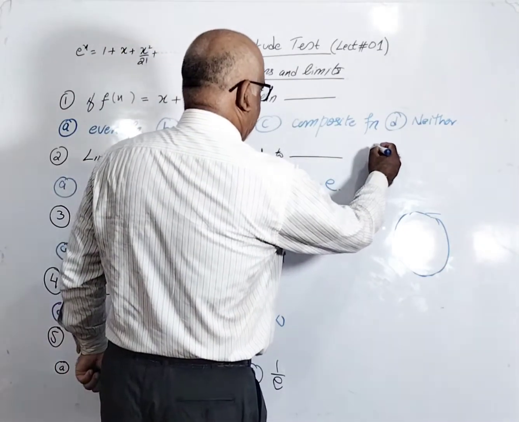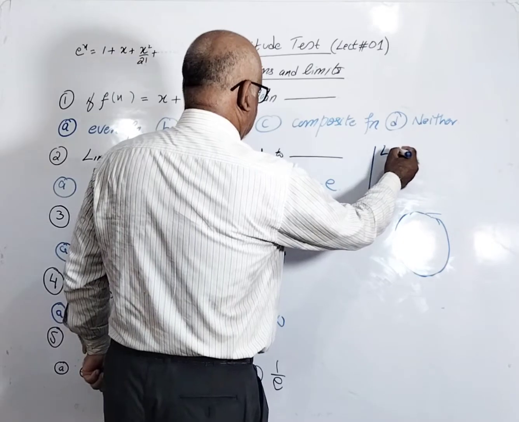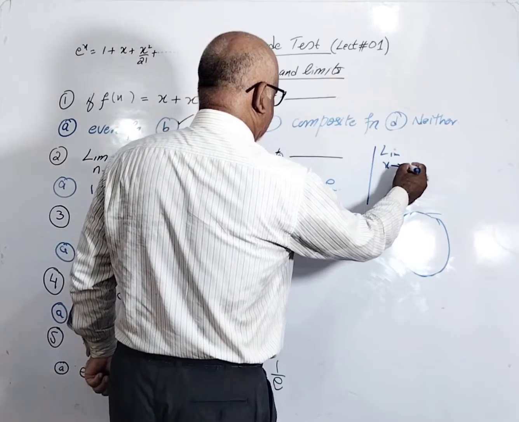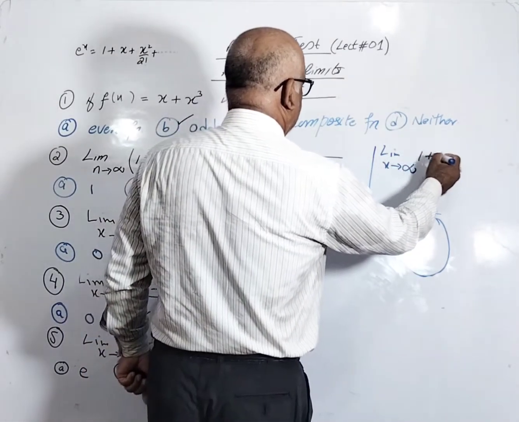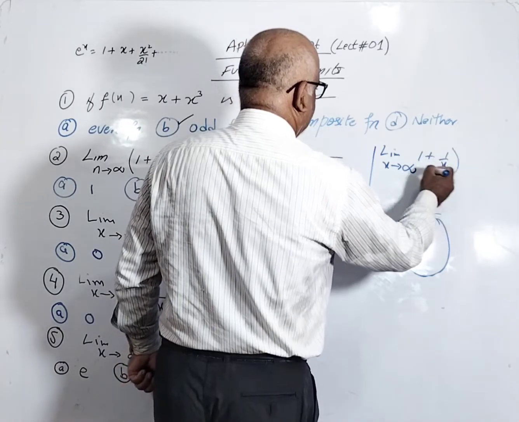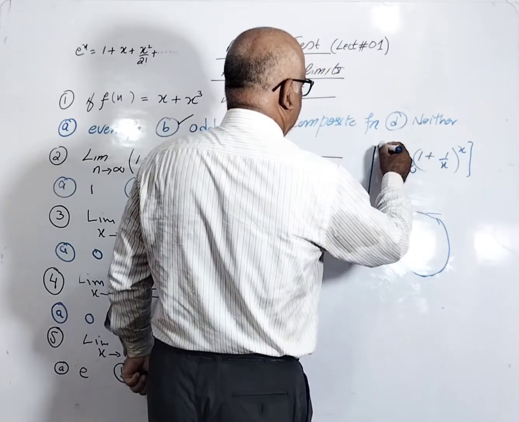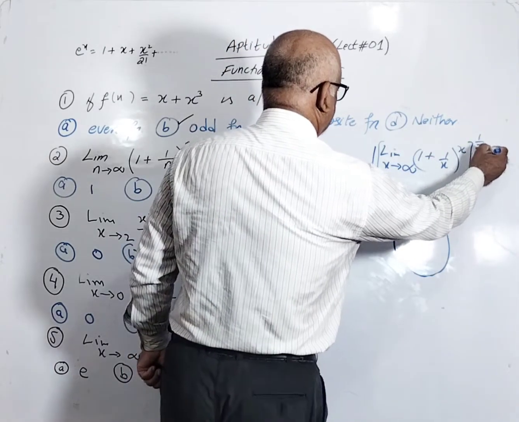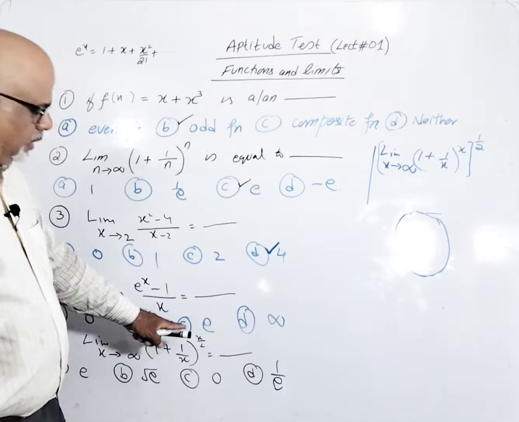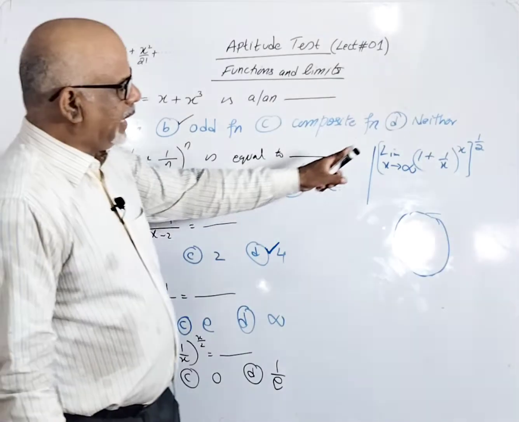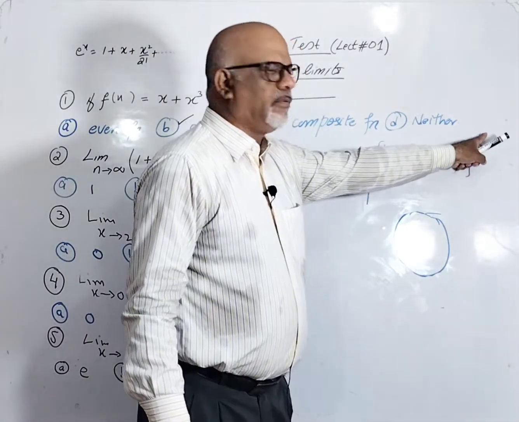Now this is limit x tends to infinity, 1 over x. So the reciprocal of x is x, and we have to separate 1 upon 2. This is x upon 2. We can write x to the whole power 1 upon 2.